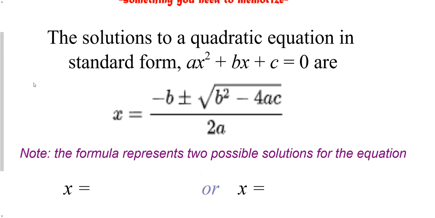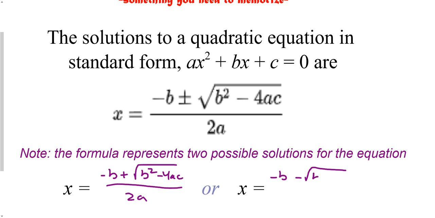Okay, so let's actually see how it works. Now, note the formula does represent two possible solutions, right? If I were to write it out, you would do negative b plus root of b squared minus 4ac all over 2a, and negative b minus square root of b squared minus 4ac all over 2a.